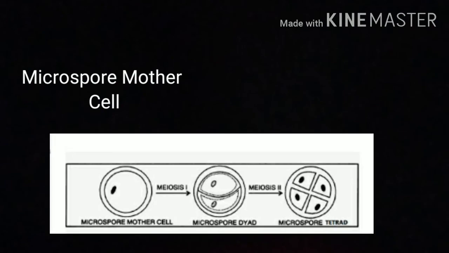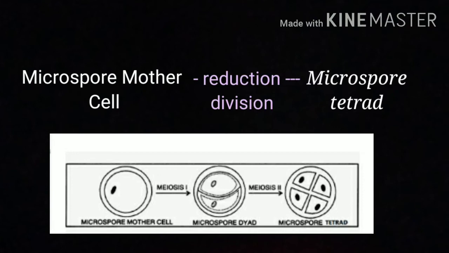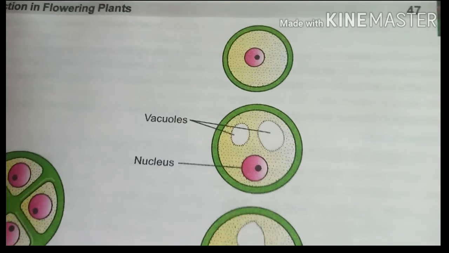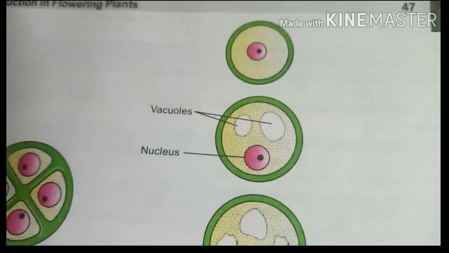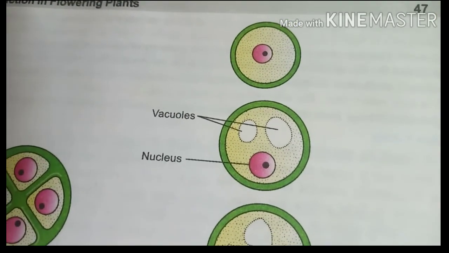The microspore mother cell undergoes reduction division to form microspore tetrads, and each member of the tetrad later develops into a microspore. The microspore is the pollen grain that has a single nucleus.